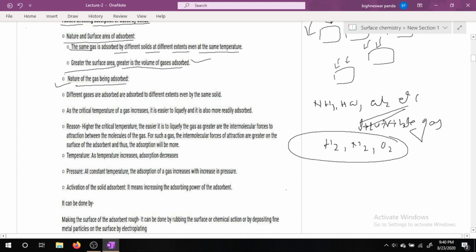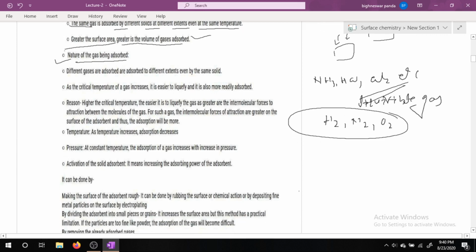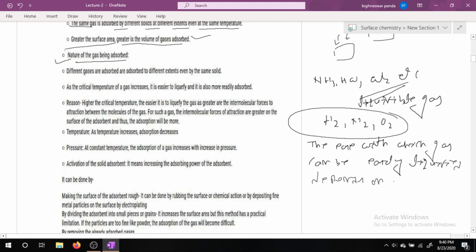Whether each gas can be liquefied depends on critical temperature.